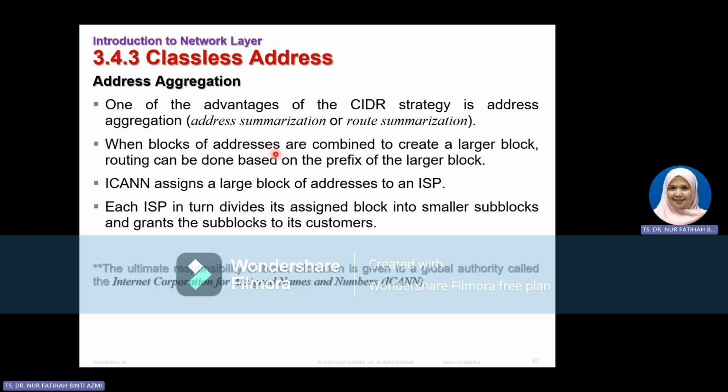And in the world of IP addresses, address aggregation works similarly.